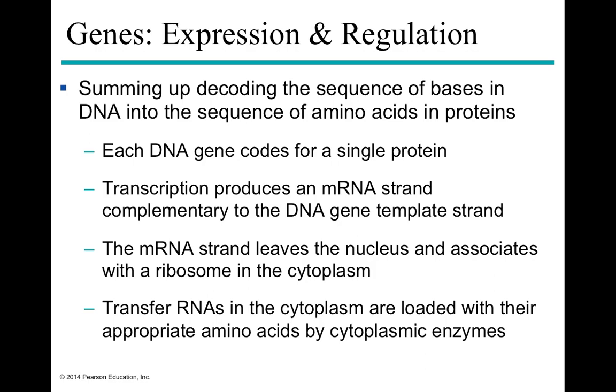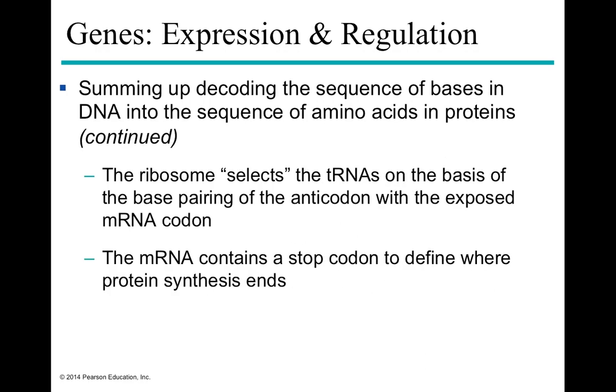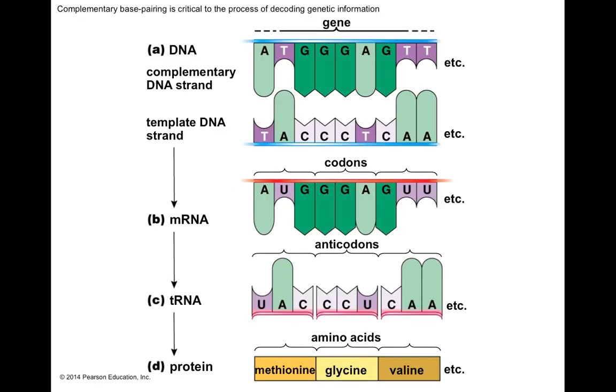And then the transfer RNAs from the cytoplasm, which have already been loaded up with their appropriate amino acids, are going to bind to the anticodon sequence. And eventually, they're going to be accepting the polypeptide chain one at a time and then releasing it one at a time, until eventually we reach the stop codon, which is going to define the site where protein synthesis is going to be terminated.